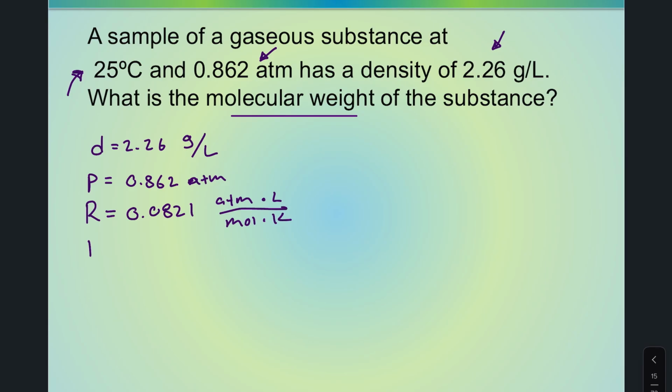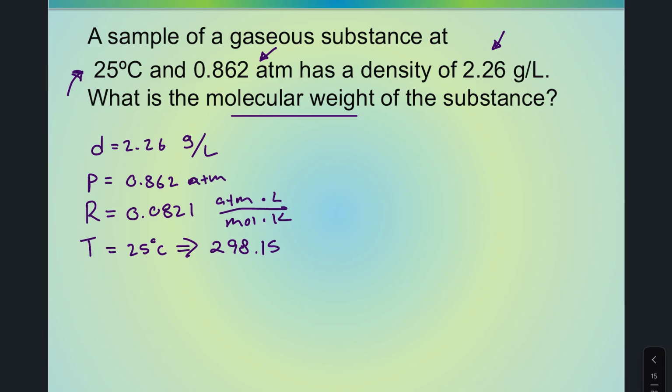Now our temperature is going to be 25 degrees Celsius, which means this is another number that you should probably just memorize. It's going to come up quite a bit because room temperature is the temperature that you do everything at. Room temperature is about 77 degrees Fahrenheit, and 25 degrees Celsius is 298.15.